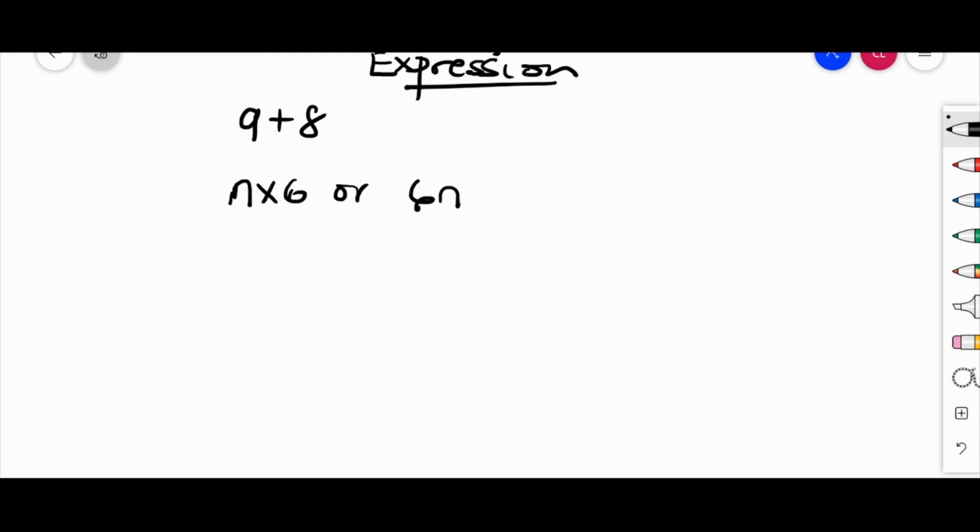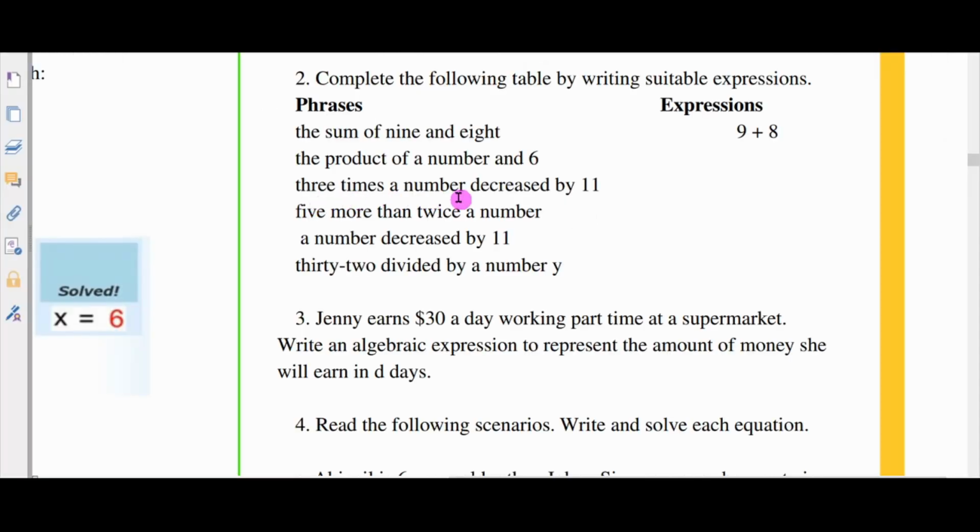Okay, remember that we could use any letter. I am using n. We could use x, it would be the same thing, 6x. We could use y, 6y. So this is the what? Product of 6 and y. 3 times a number decreased by 11.